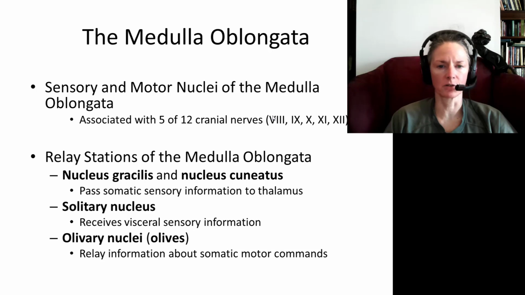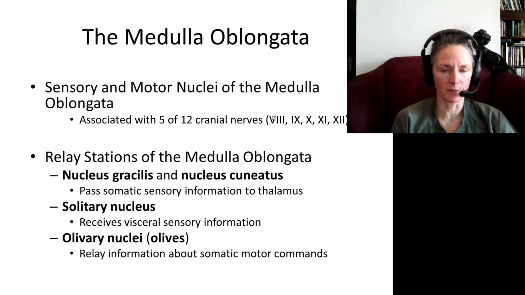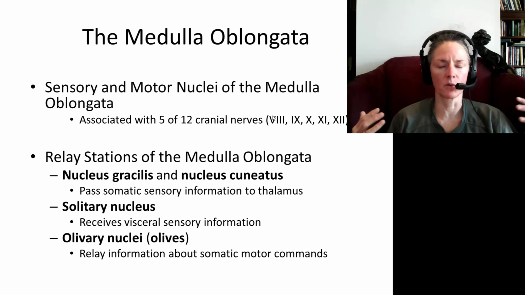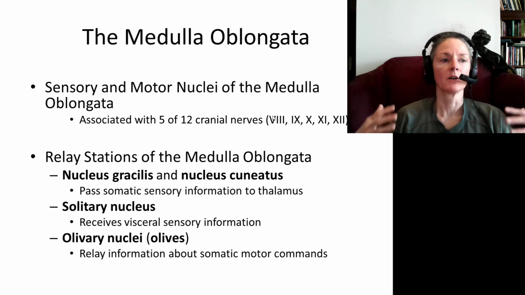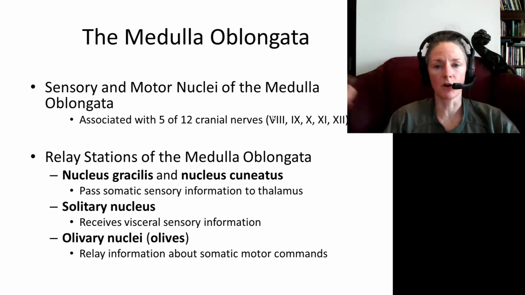The gracile nucleus will be receiving information from the legs and the lower trunk, whereas the cuneate nucleus is going to be receiving information arriving from the upper trunk and the upper limbs.